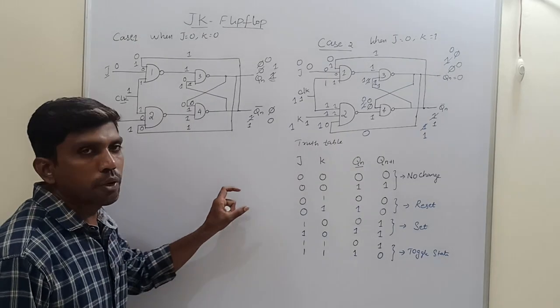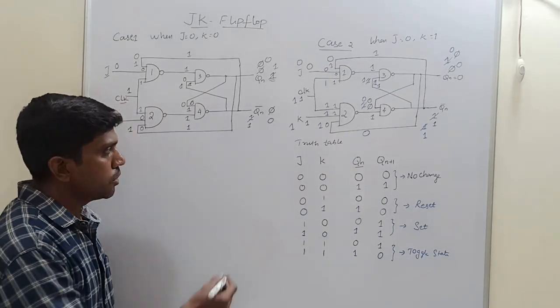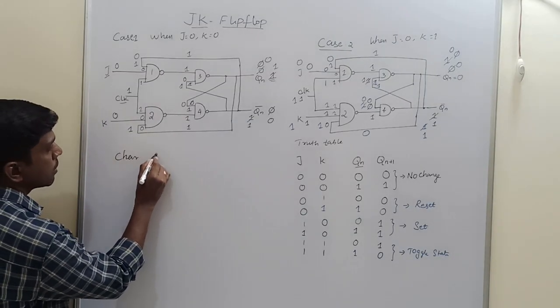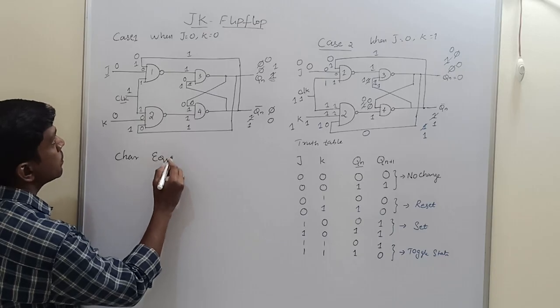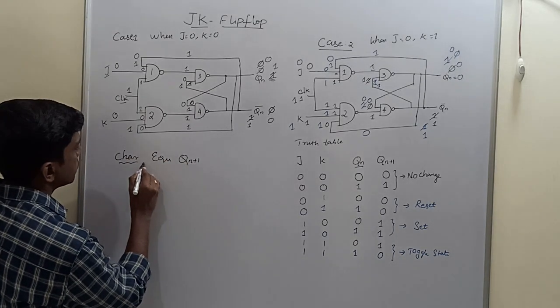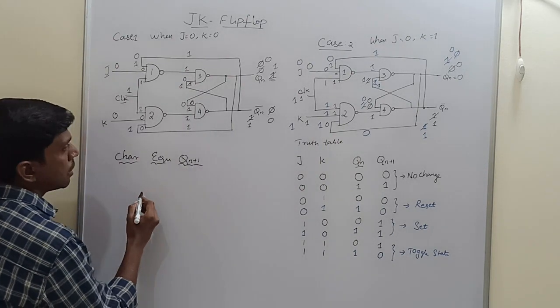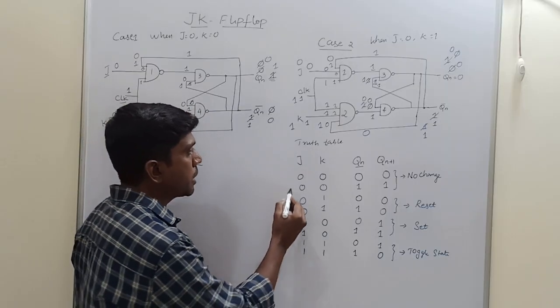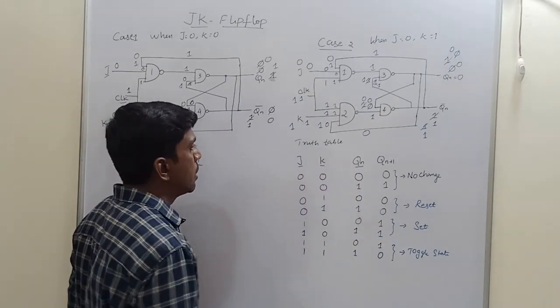So now I am going to write the characteristic equation using this truth table. Characteristic equation for JK flip flop. So Qn plus 1. So I draw the K map. Here I am choosing a 3 variable K map because the inputs are J, K and Qn.